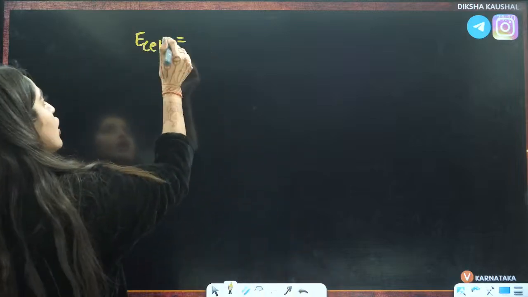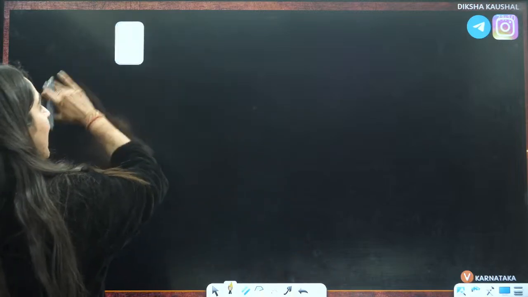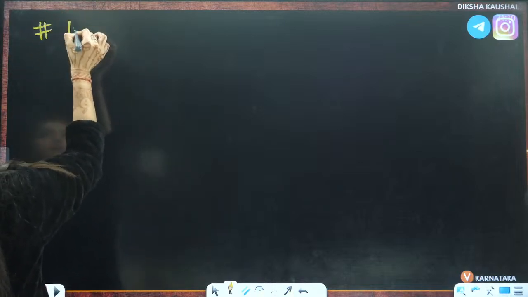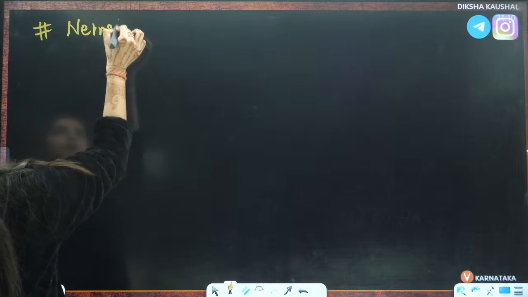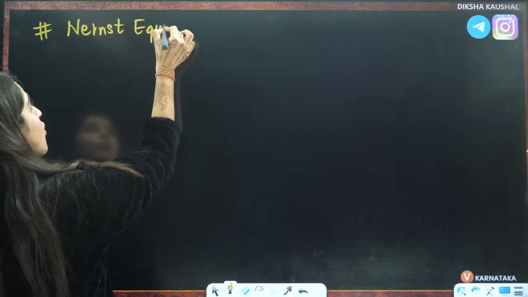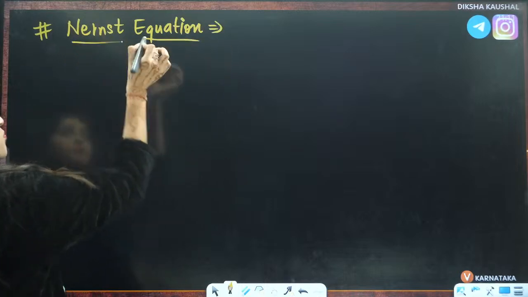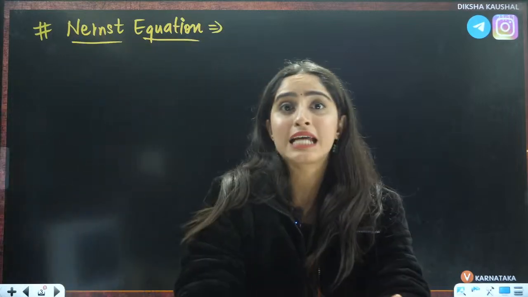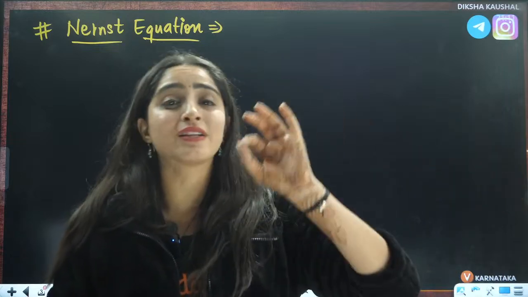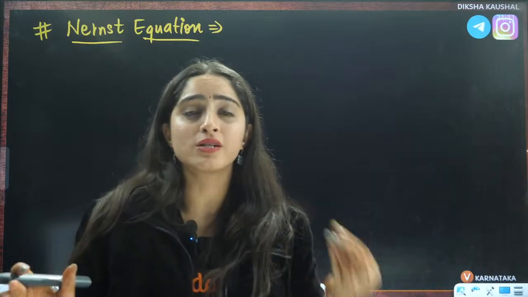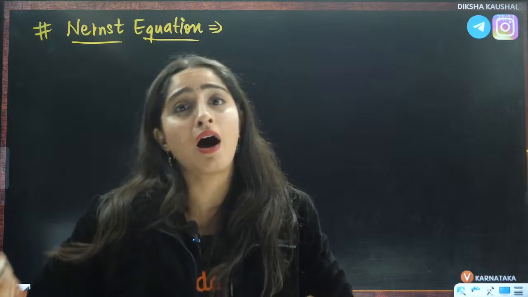To calculate E cell, we have this equation called Nernst equation, N-E-R-N-S-T. It is the most predictable and most important topic for your KCET. I can guarantee you that a question will definitely be based on the Nernst equation or E naught cell.